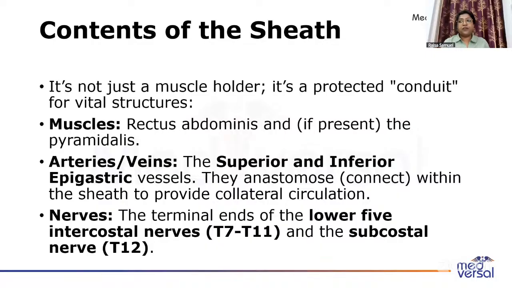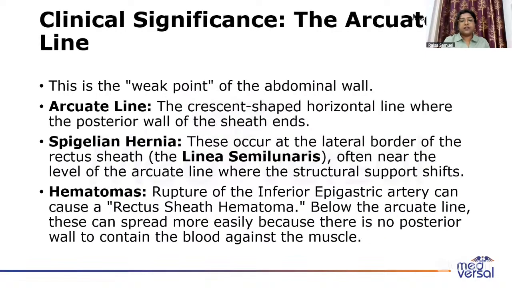So often when we do surgeries, we come across the superior and inferior epigastric vessels. Nerves: the terminal ends of the lower 5 intercostal nerves, that is T7 to T11, and the subcostal nerve T12 are also encountered, and are contents of the rectus sheath.